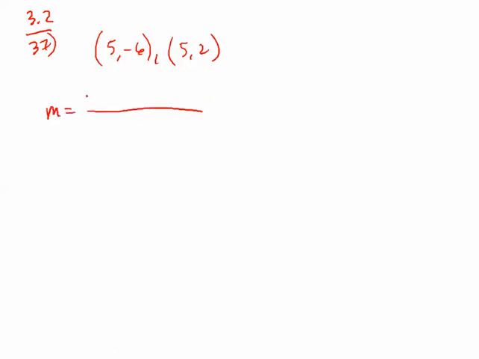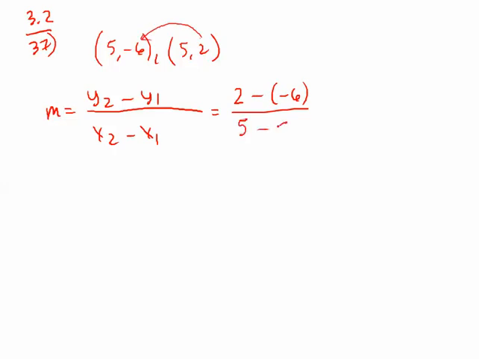So y2 minus y1 over x2 minus x1. Subtract a negative 6, kind of careful there. Now on the bottom it's going to be 5 subtract 5.